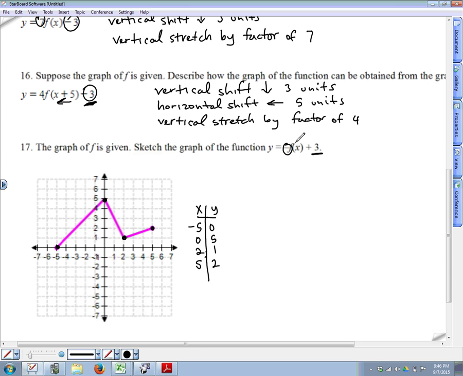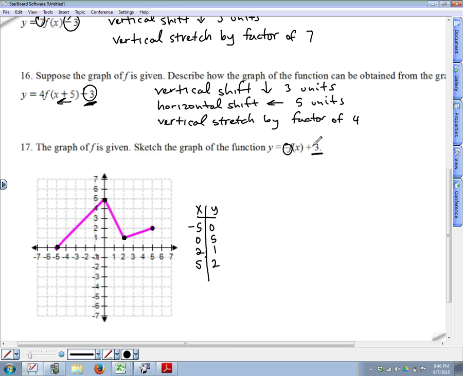So both of these are occurring outside of the function, which means they're going to affect the y values. It's a vertical change. So if it occurs outside the function, you do exactly what it describes here. You make all the f of x or y values their opposite and then add 3.